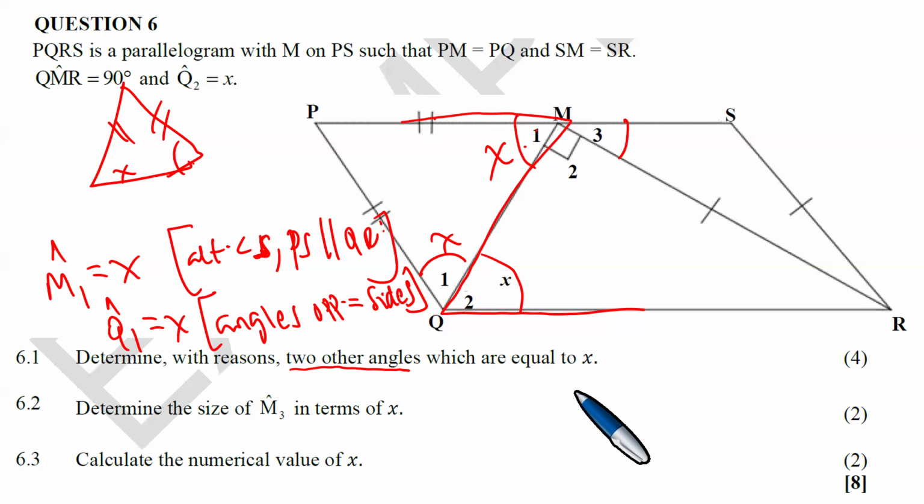So we want the size of the angle M3. Any take that you can give there? You already know that SM is equal to SR according to the way they've given it here, and also QMR is 90 degrees.